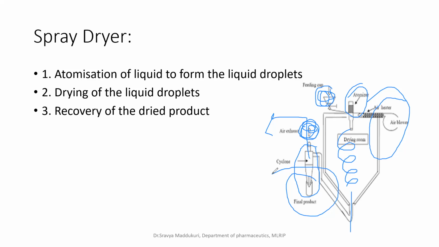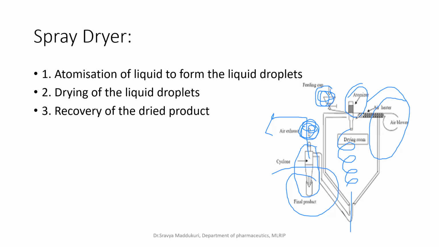So coming back to the parts or construction, it consists of a large cylindrical drying chamber with a short conical bottom, and the diameter can be 2.5 to 9 meters. Height can be 25 meters or more. An inlet is placed at the entrance for the hot air to come inside, and another inlet contains the spray disc atomizer.